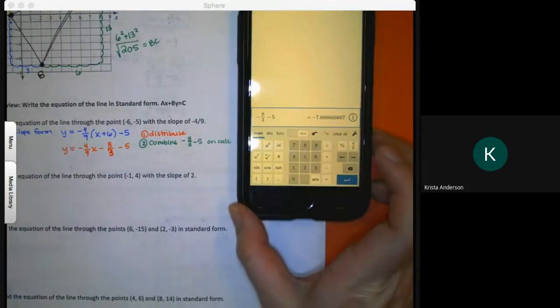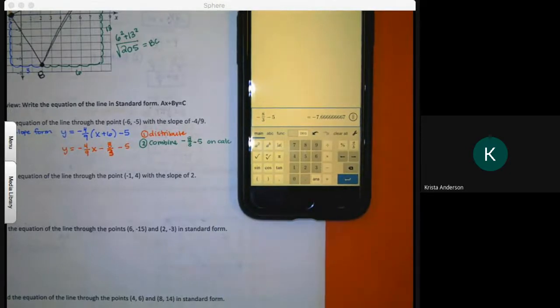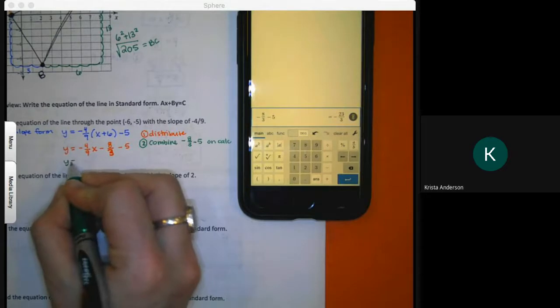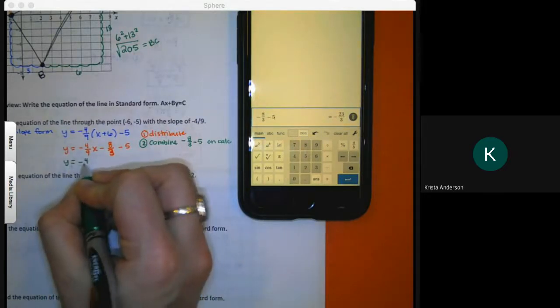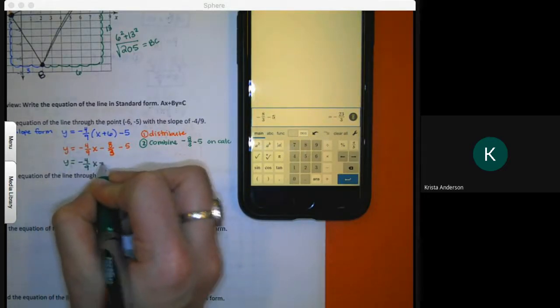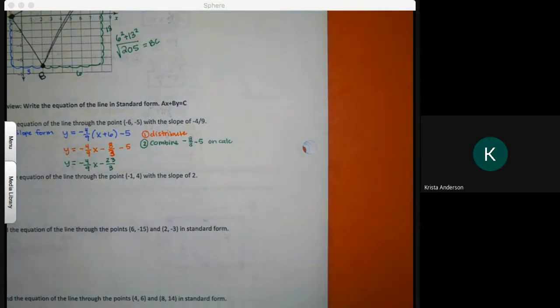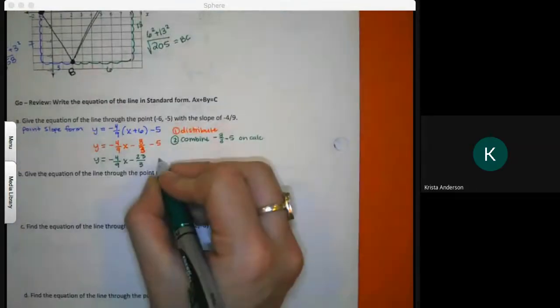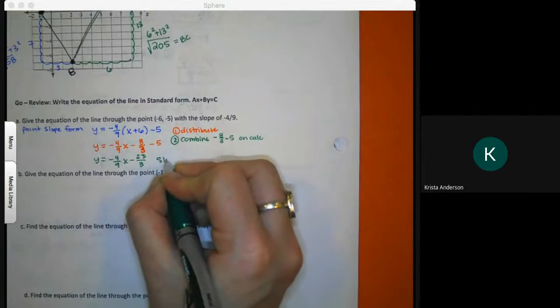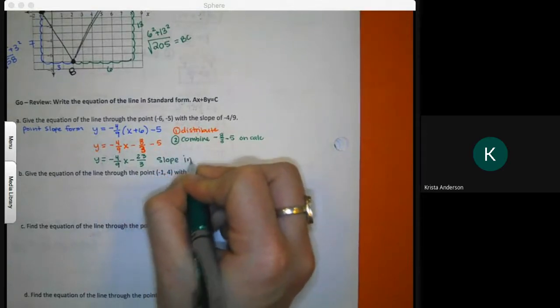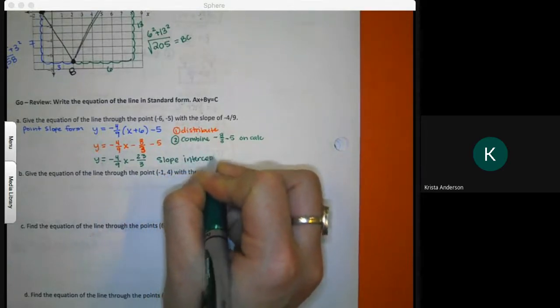I have a weird decimal again. What do I do to the decimal? Negative fraction. All right, the form we have it in right now, this is slope intercept form.